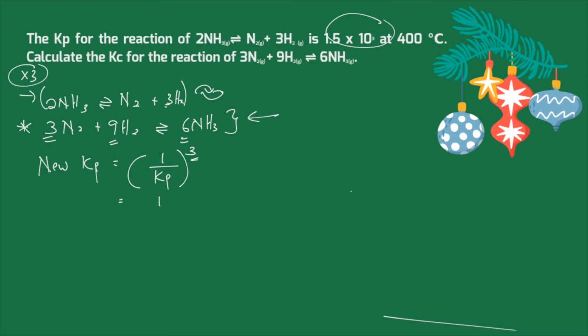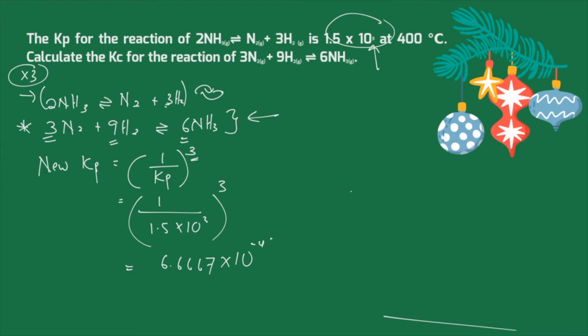Now you just have to substitute the value of Kp here. So 1 over 1.5 times 10 to the power of 3, and then to the power of 3. First, 1 over 1.5 times 10 to the power of 3 gives 6.6667 times 10 to the power of negative 4.